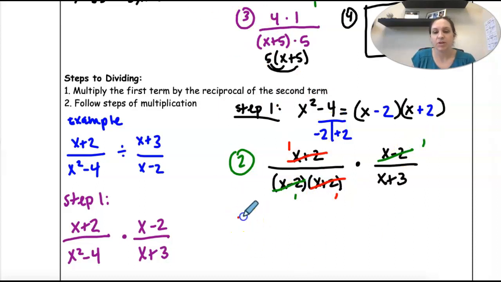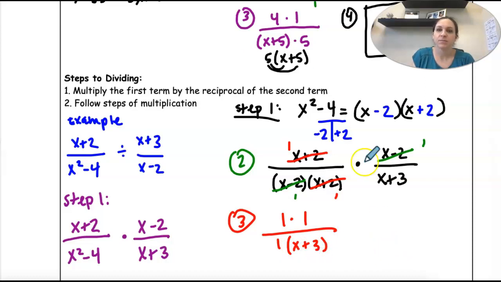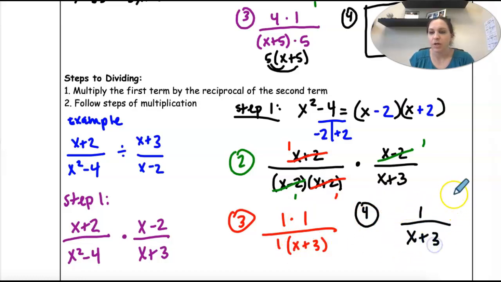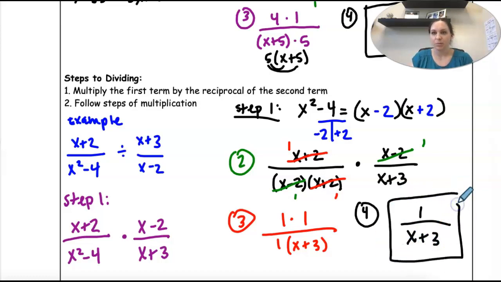And then step 3 is multiply across. So I have 1 times 1 over 1 times x plus 3. And our last step is to simplify. So 1 times 1 is 1, and then x plus 3 on the bottom. That would be our answer.